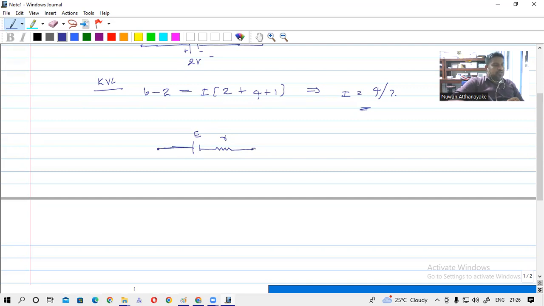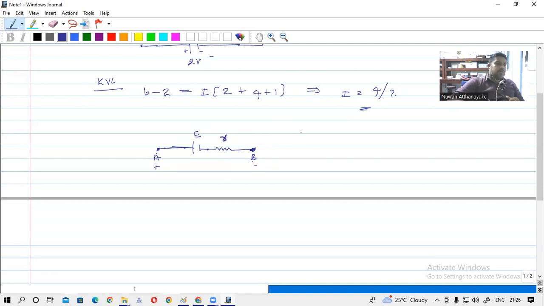These are the two terminals of the battery, not this one and this one. These are not the terminals, because that battery has an internal resistance inside this battery. So this will be the plus terminal and this will be the minus terminal.